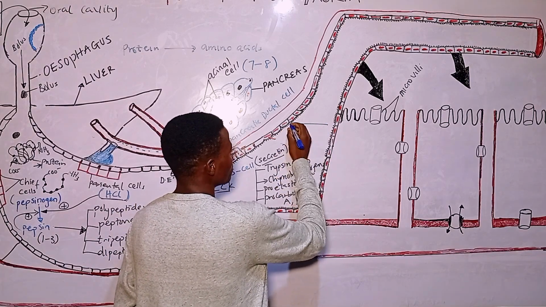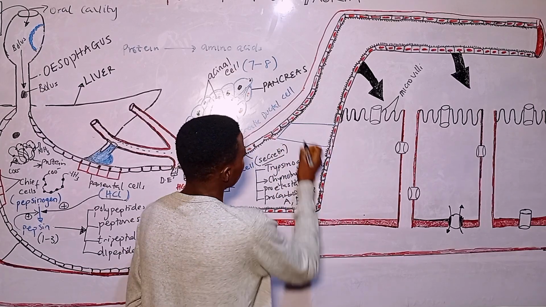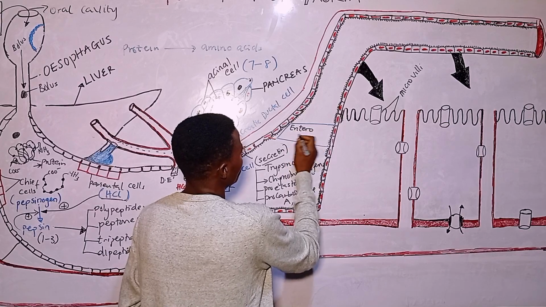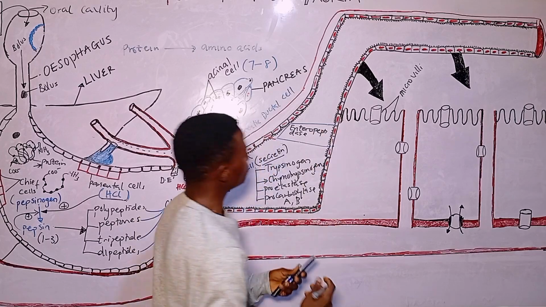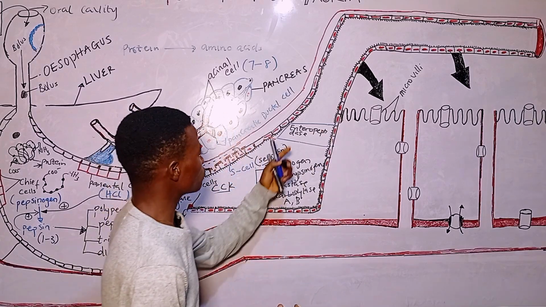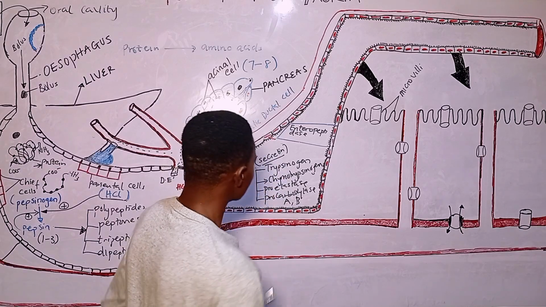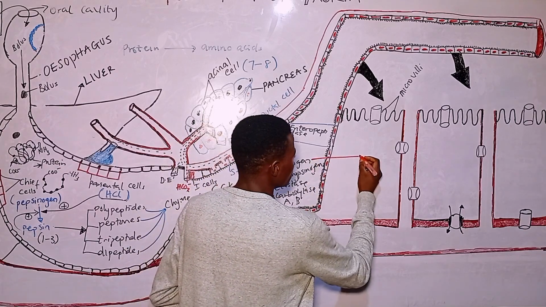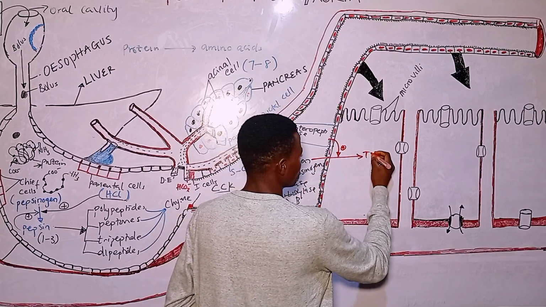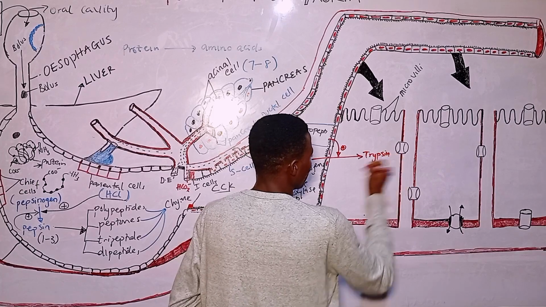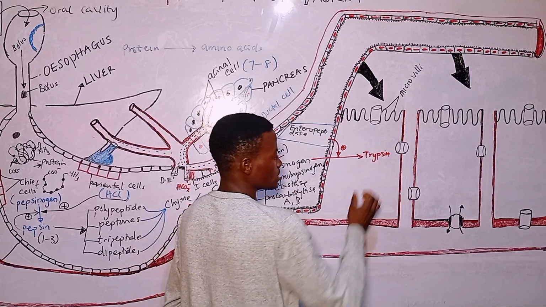This particular cell will release an enzyme, basically known as enteropeptidase, or in some cases, some people just call it enterokinase. Right? Now we have it to be enteropeptidase, and this enzyme basically acts on trypsinogen, converting trypsinogen into trypsin. So trypsinogen is the inactive form, while trypsin is the active form.